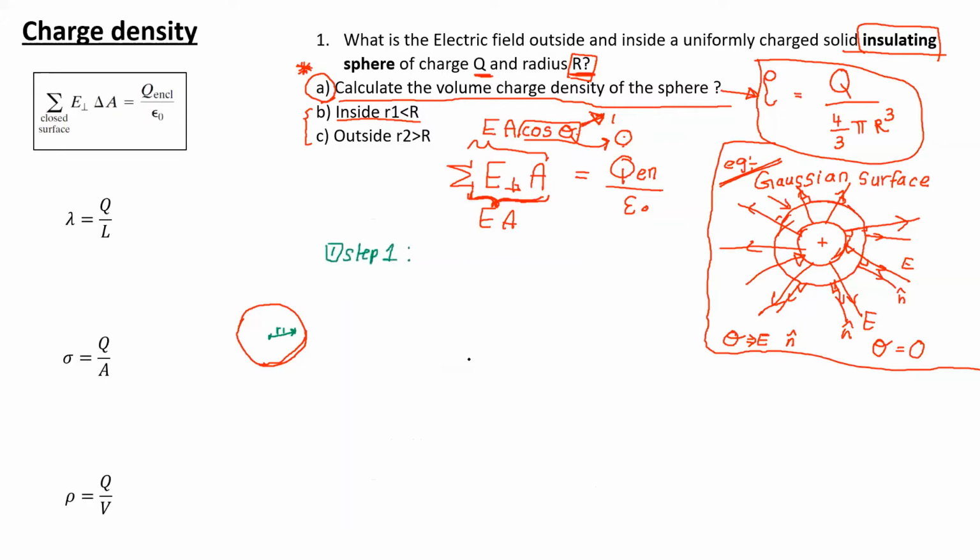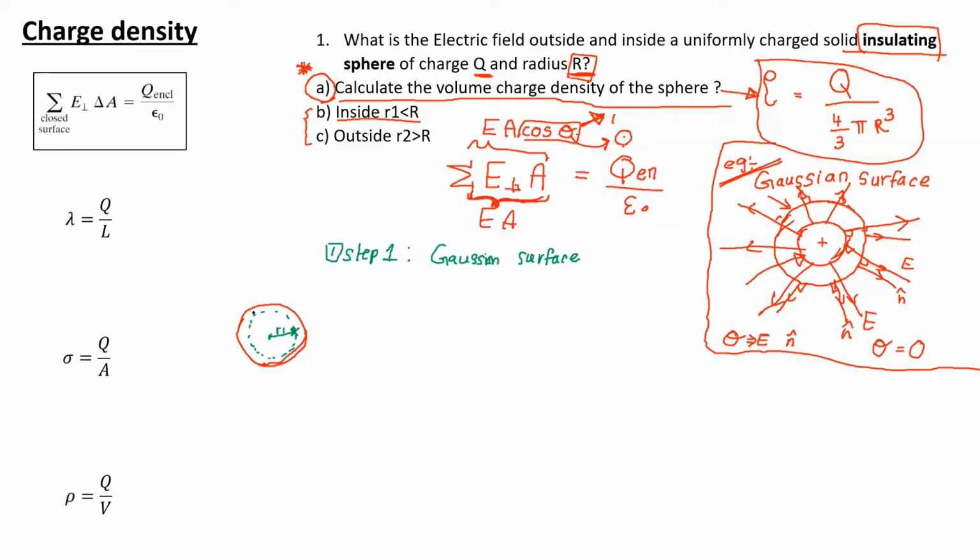Step 1. You have to draw the Gaussian surface. This Gaussian surface is the most important thing. So this is my Gaussian surface. The Gaussian surface is an imaginary symmetrical surface. In other words, it's another sphere that you draw at the location where you want to find the electric field.